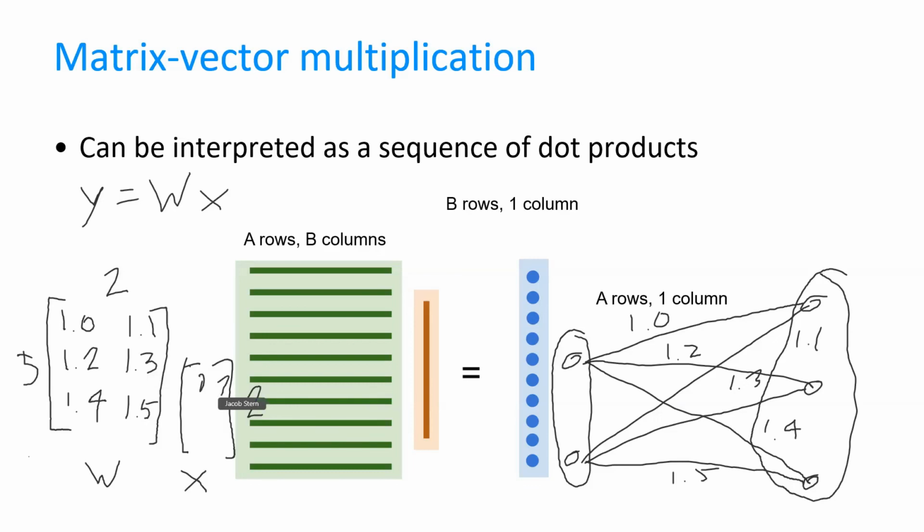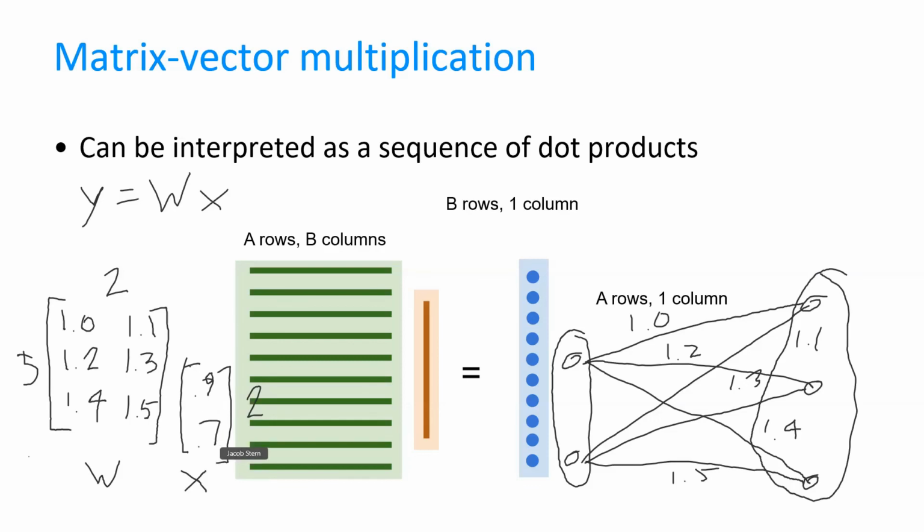So we'll bring this back down. You can think of this neural network process as a sequence of dot products.